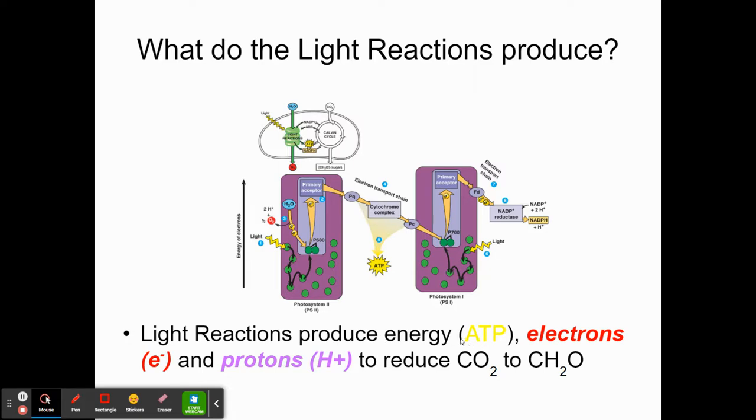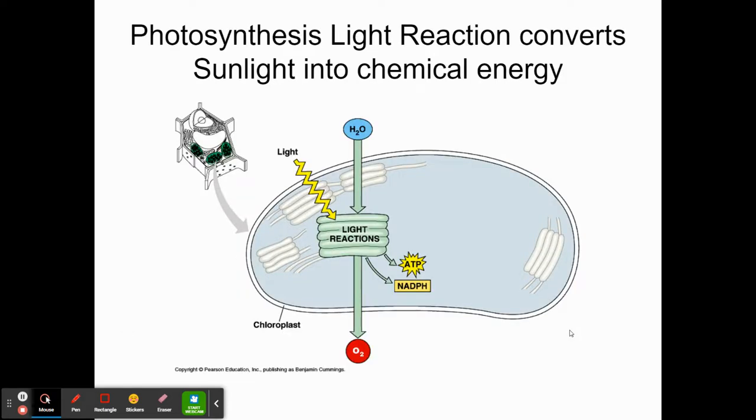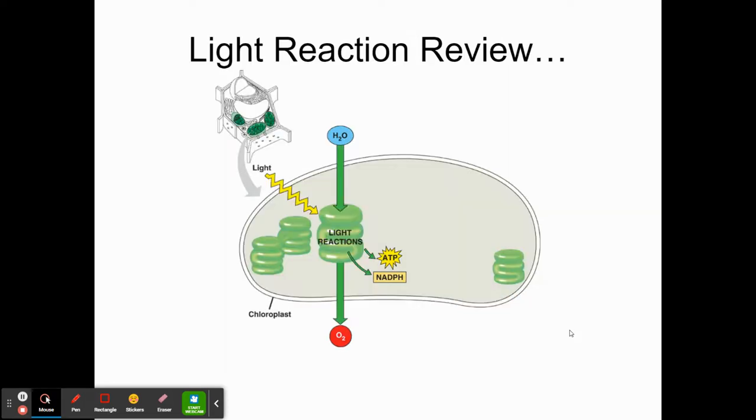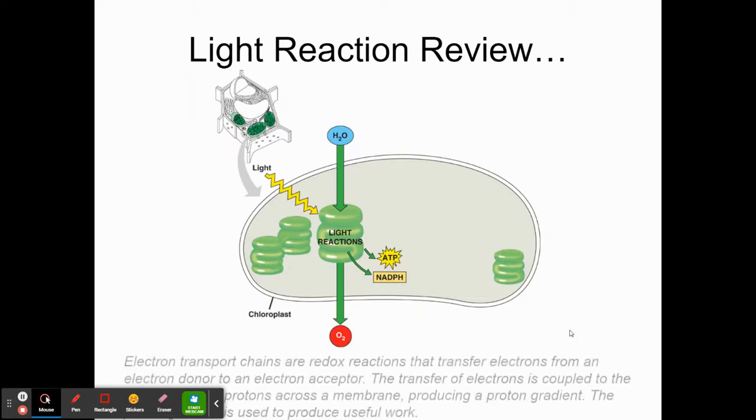They produce energy in the form of ATP, and they don't produce electrons, but they harvest electrons, is a better word to use, from water and protons, and they use those to reduce carbon dioxide to sugar molecules, CH2O. All we're doing is converting light energy into chemical energy.